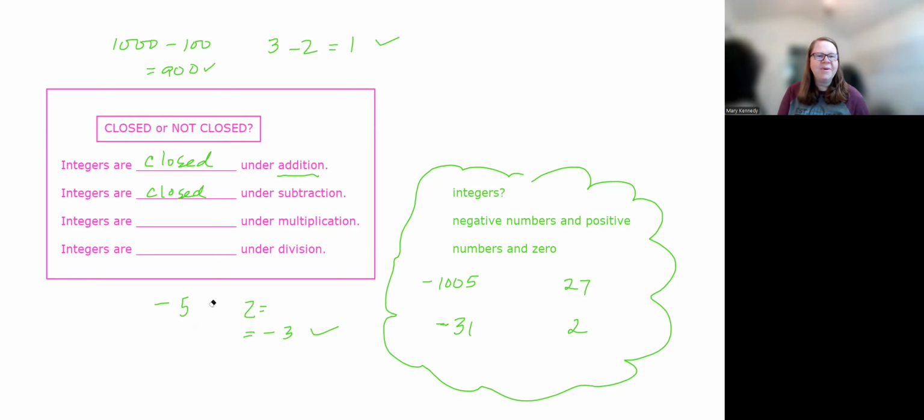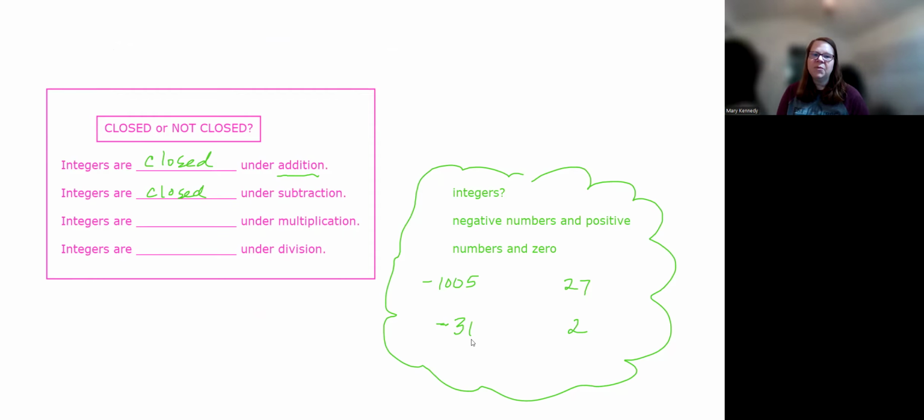All right, now we're going to multiply. Let's just do some new numbers. If we start with integers, positive and negative numbers, and we multiply: 3 times 5 is 15. Negative 3 times negative 5 is positive 15. So 15 and 15 are both integers. Positive 3 times negative 5 is negative 15.